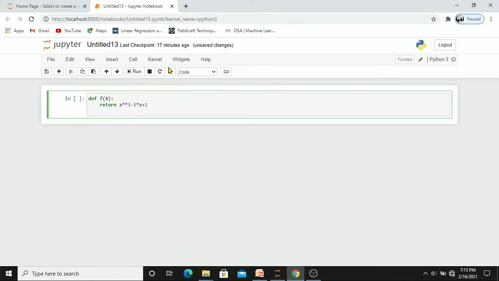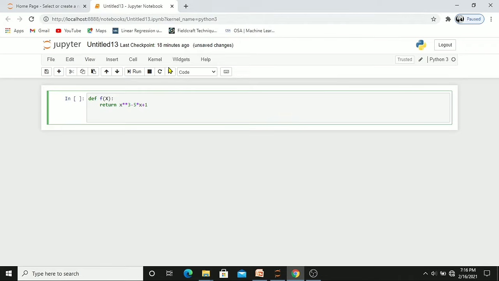Now after this, what will we do? I need the values of a and b. Okay, we can get the values of a and b by taking input from the user. Suppose I need the value of a first, so a will be equal to input. Okay, this is the syntax to get the value from the user side.